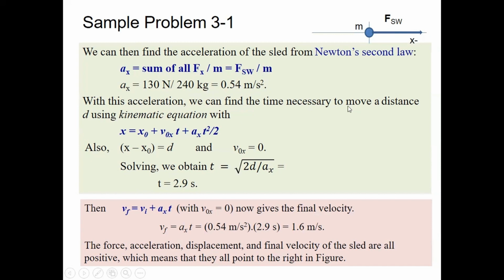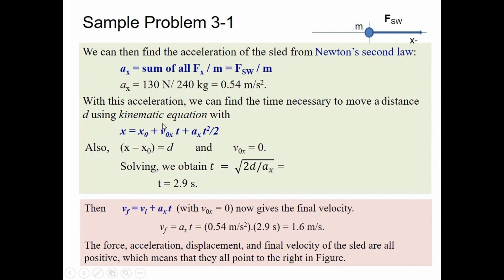With this acceleration, we can find the time necessary to move the distance d. The time we want to know because we want to reach the final velocity. Using the kinematic equation where the distance is involved, we write, let me read it first, that x is the position at time t, and x0 is the position at time t equal to 0.